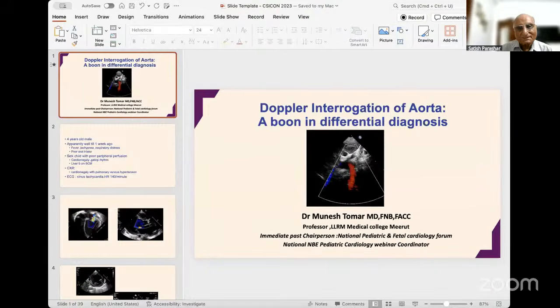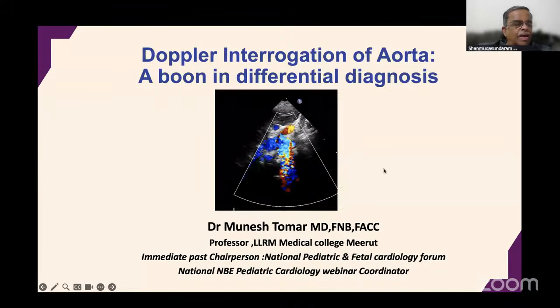I'm happy to introduce Dr. Monish Tomar. She's a pediatric cardiologist with rich experience in pediatric imaging, from fetus to adolescents. She's a pediatric cardiologist at LLRM Medical College and Neotema Hospital, Meerut.